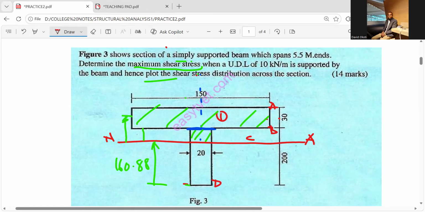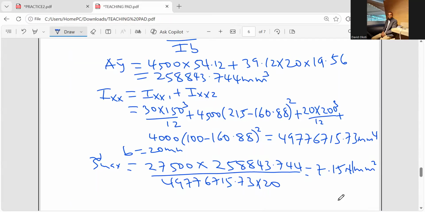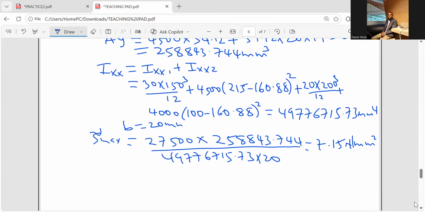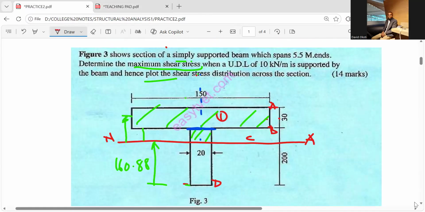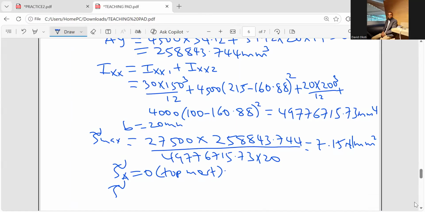Now from the definition we said that shear stress at point A will be equivalent to 0. That is the top most. Now shear stress at point D will be equivalent to 0. That is bottom most. So the value of shear stresses at that point will be equivalent to 0.